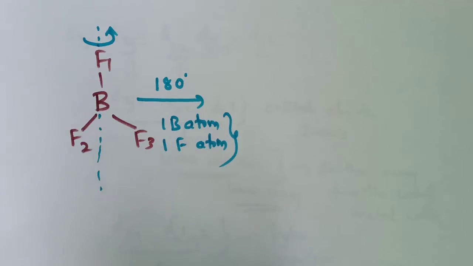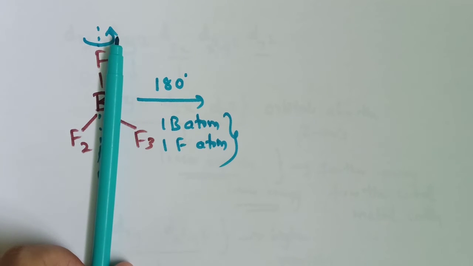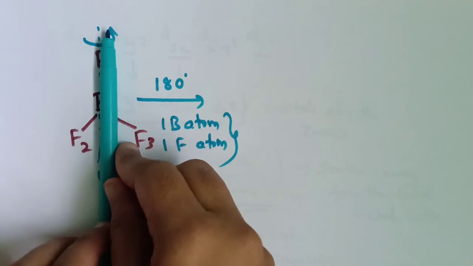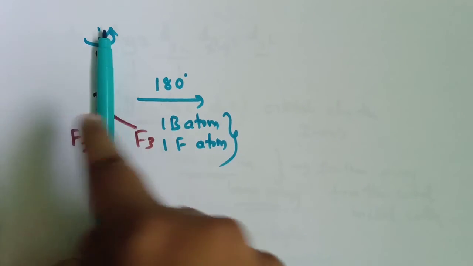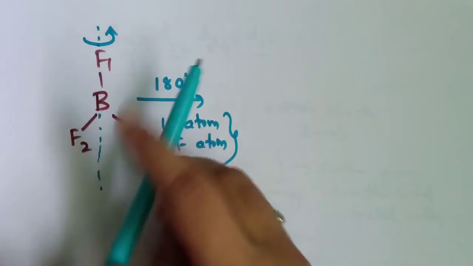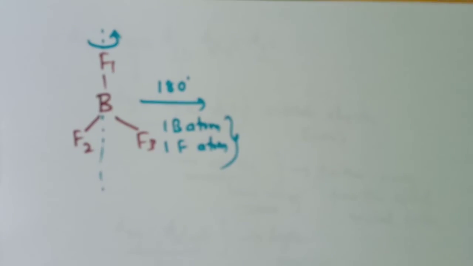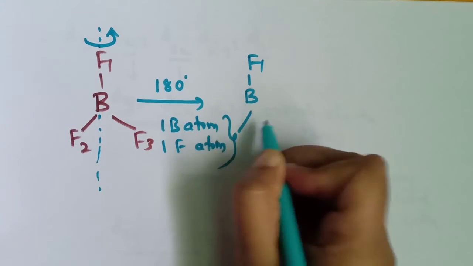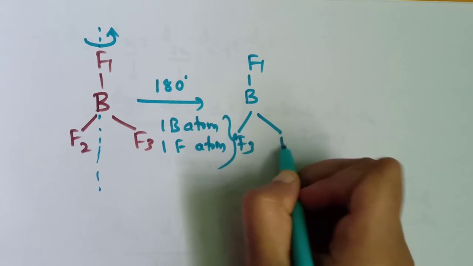Kept constant means they are not changing their position, they are rotating on their own axis. If they are rotating like this, what will happen, students? By rotating 180 degrees, this F2 will come to this side, and this F3 will go to that side. Just this B and F1 are not changing their position. So B and F1 are not changing their positions. F3 will come to this side, and F2 will come to this side, like this.